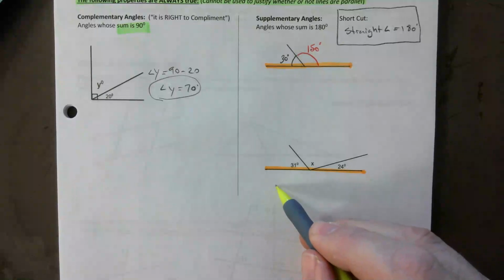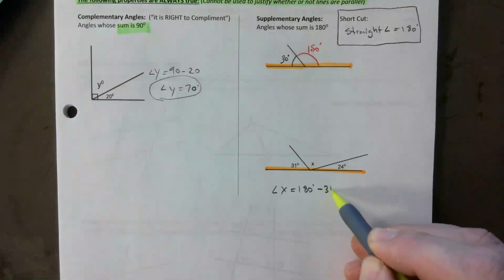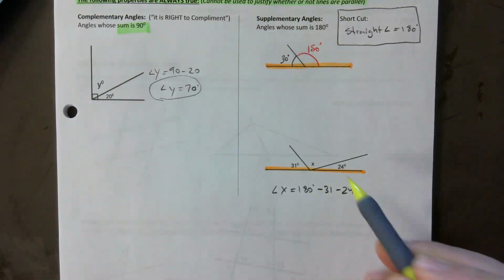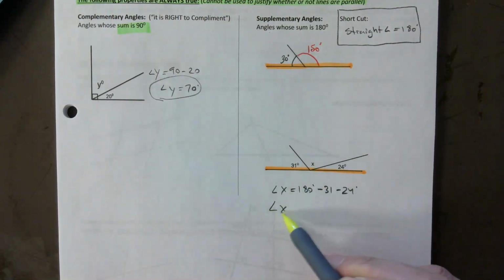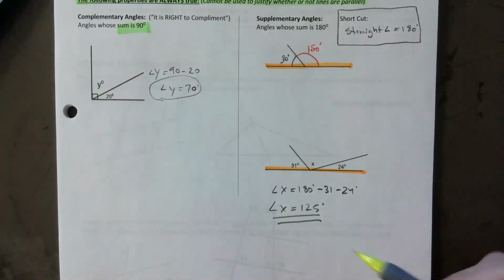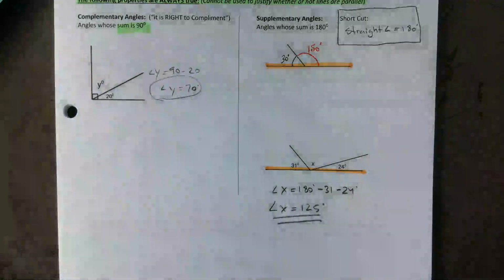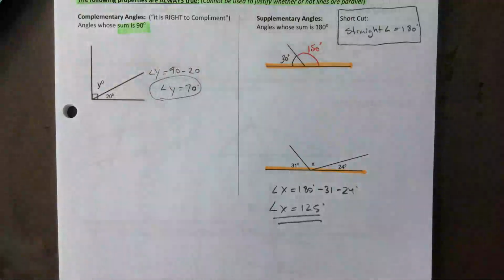So angle X in this case, I'll just go 180 minus 31 minus 24. I just subtract what's next to it, and I'm left with angle X. And that's 125 degrees. Remember, this could be inside of some ugly shape that you might encounter later on.